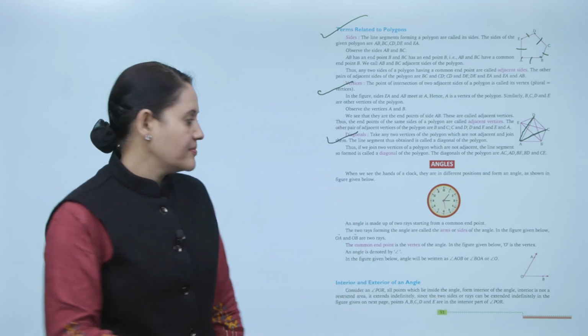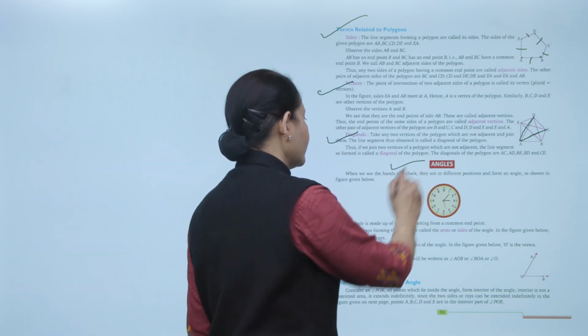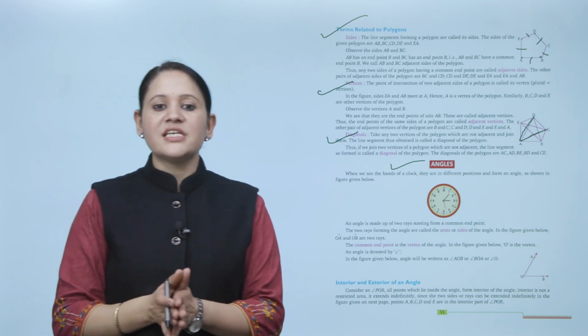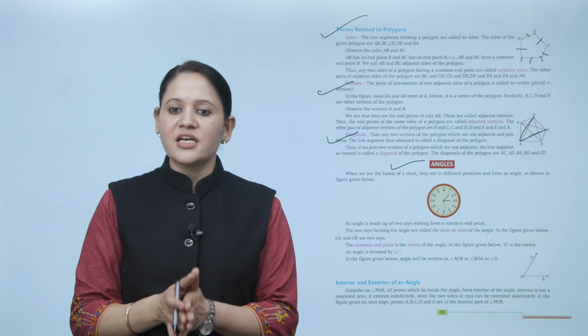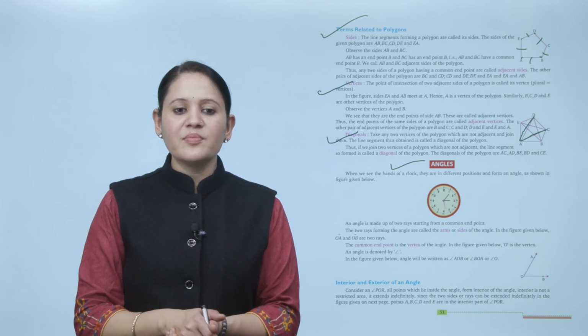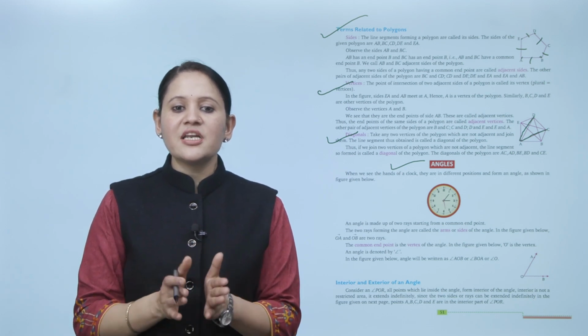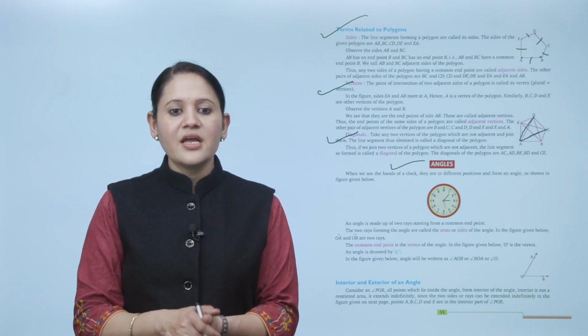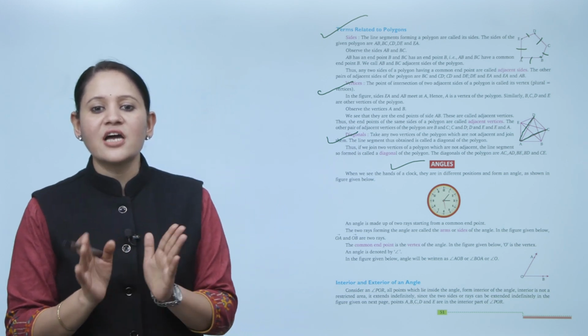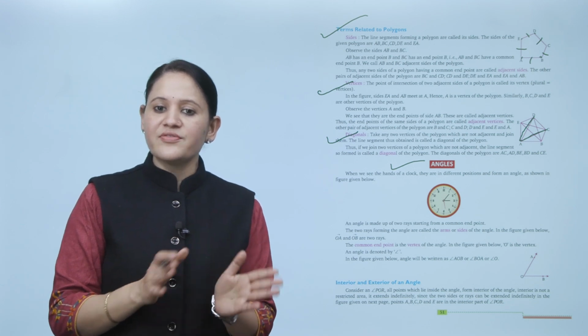Next is angles. When we see the hands of a clock, they are in different positions and form angles as shown in the figure given below. An angle is made up of two rays starting from a common endpoint. The two rays forming the angle are called the arms or sides of the angle.